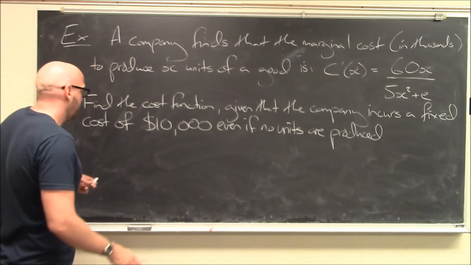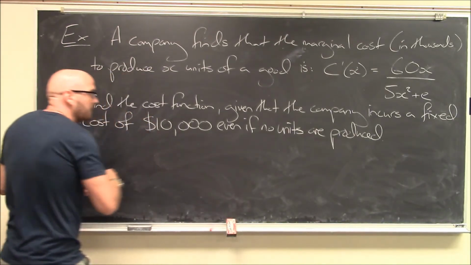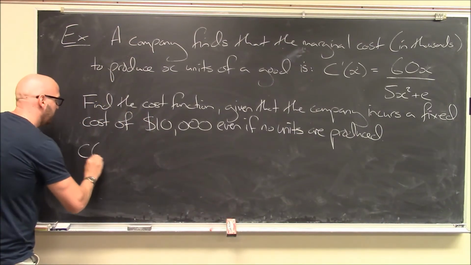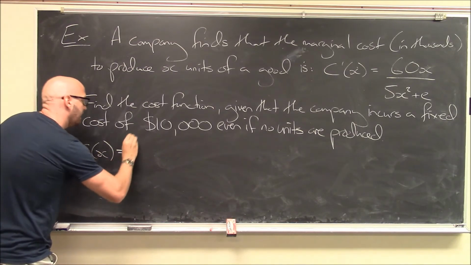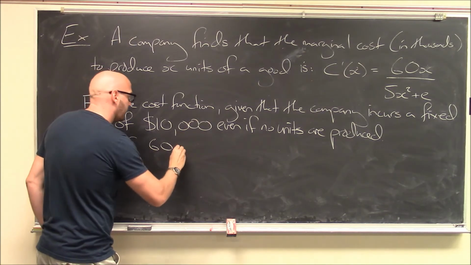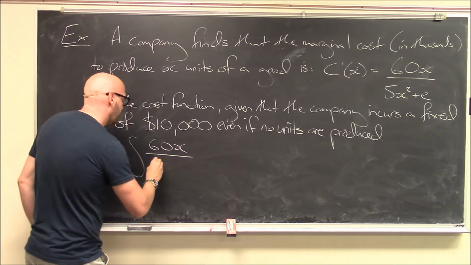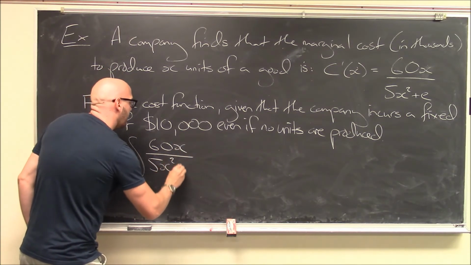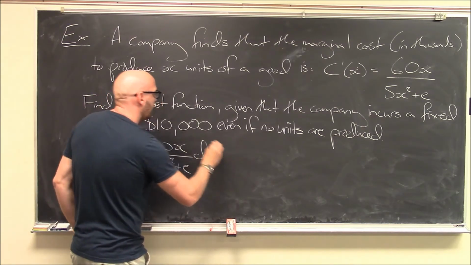So I'm going to have to erase, well actually I think I can just work down here for the time being. So C of x is going to be the integral of the marginal cost function, 60x over 5x squared plus e dx.